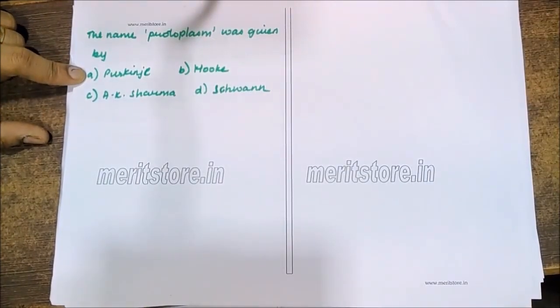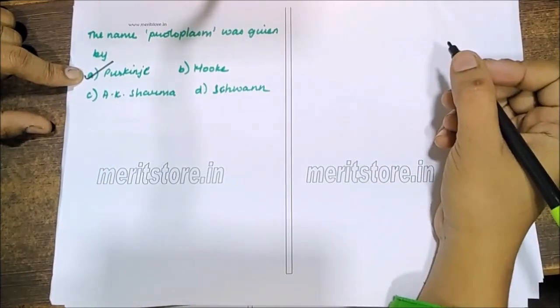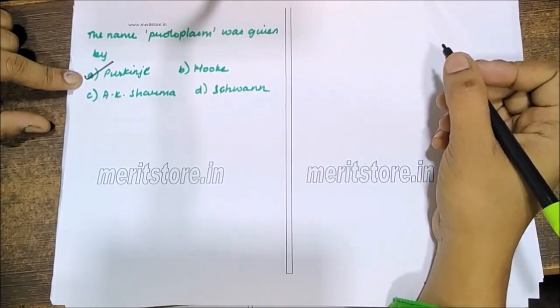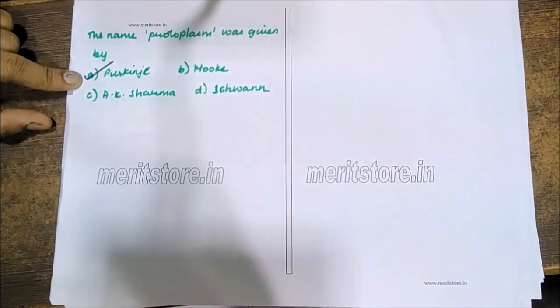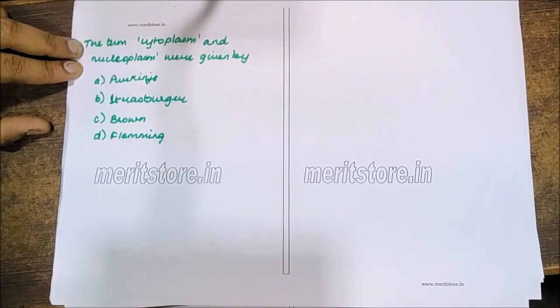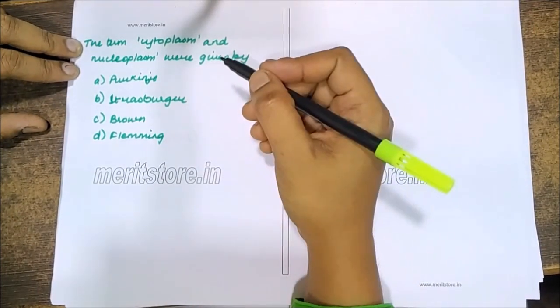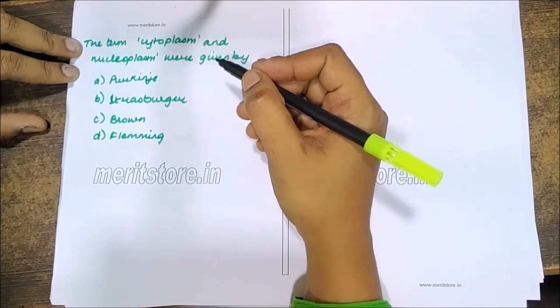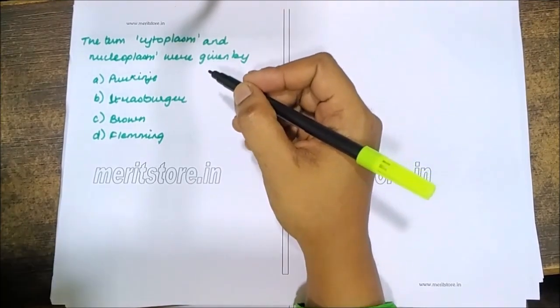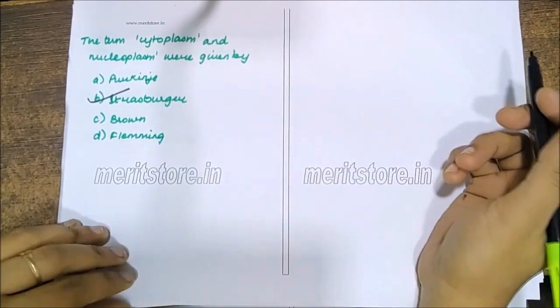Next, the name protoplasm was given by Purkinje. Purkinje was the one who gave protoplasm its name. And the terms cytoplasm and nucleoplasm were given by Strasburger.